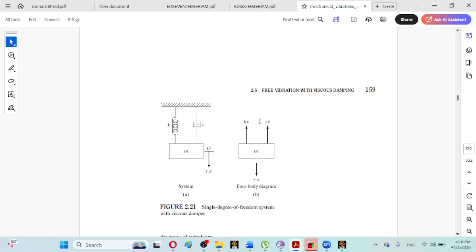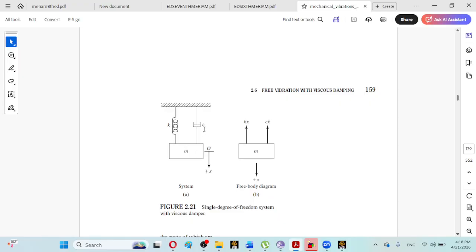Here this is the damping force and this is the restoring force due to the spring constant. Both are restoring this mass towards the equilibrium position. This is very important about this concept.